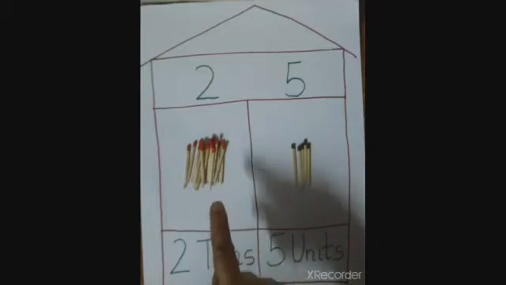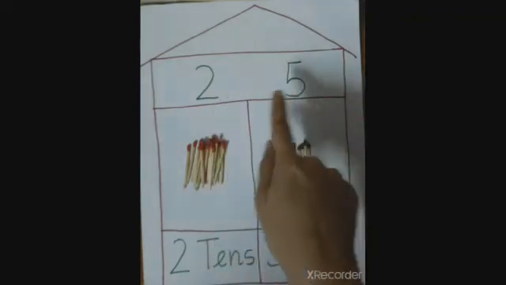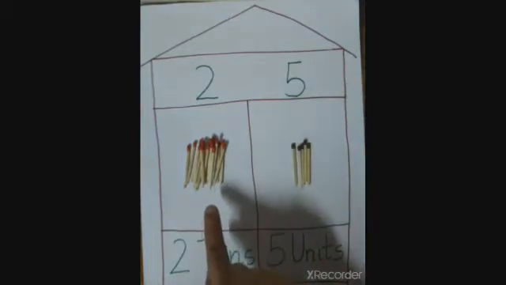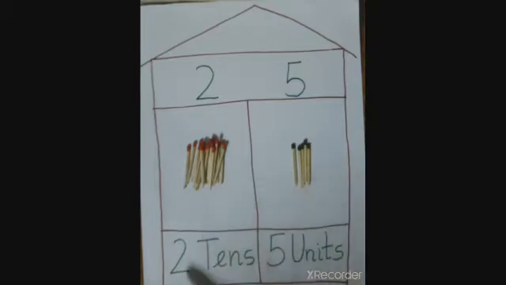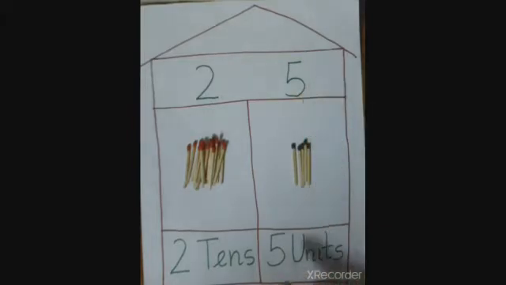That is why the place value of 2 in the number 25 is 20, because we get 20 sticks. That is 2 tens. As 5 is in the units place, that is 5 single sticks, the place value of 5 is 5 units.